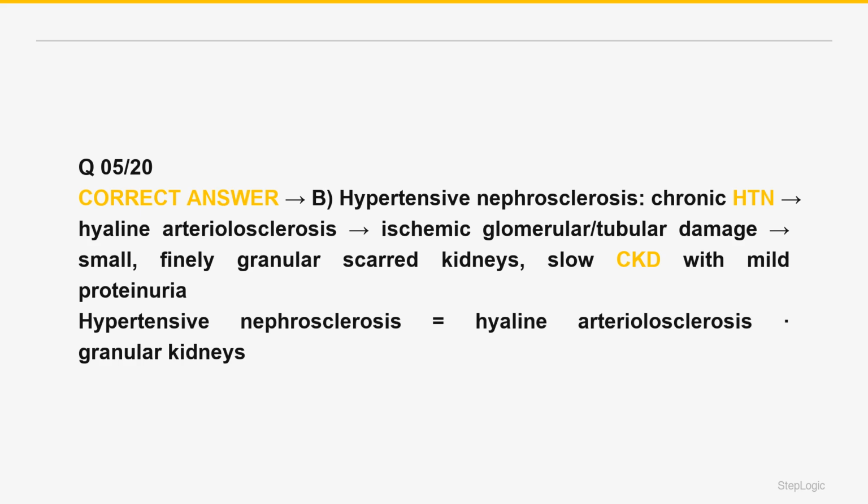Hypertension and diabetes are the two leading causes of CKD and ESRD, distinguished from malignant hypertension, which causes hyperplastic onion skin arteriolosclerosis and fibrinoid necrosis with acute renal failure. Tight blood pressure control, ACE inhibitors or ARBs are renal protective and slow progression. Hyaline arteriolosclerosis, small granular kidney, chronic disease of hypertension is hypertensive nephrosclerosis.